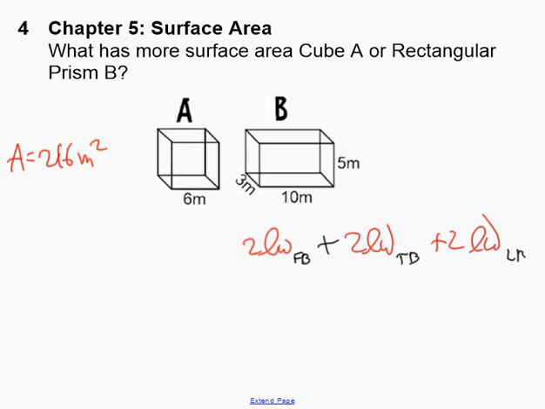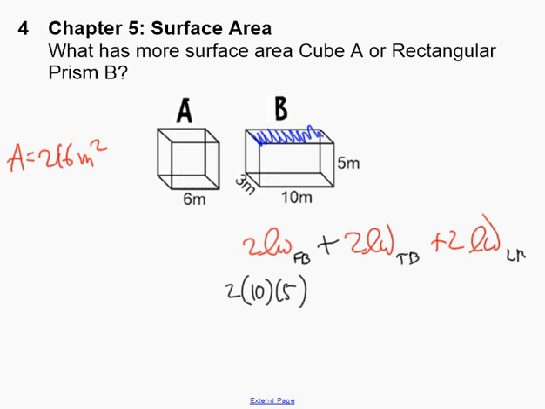So if I think about the front and back, and I'm going to highlight the front of my net right here, this face is the front. And if I think, what are its dimensions? Well, these 2 numbers here, 10 and 5, are the length and width. So I have 2 rectangles, both the front and the back, that are 10 by 5 rectangles. The length is 10, the width is 5. For the top and bottom, here's my top.